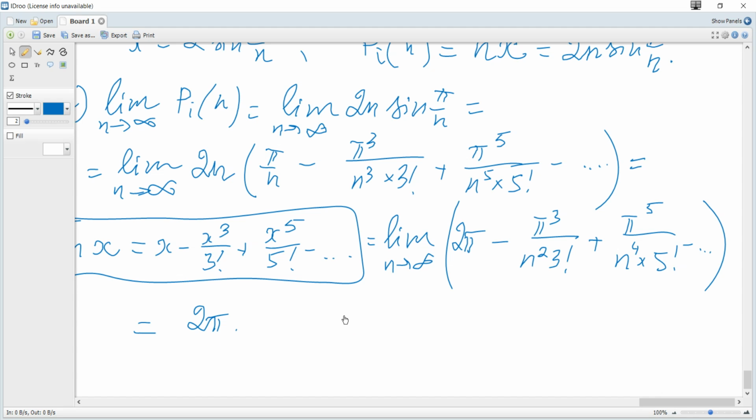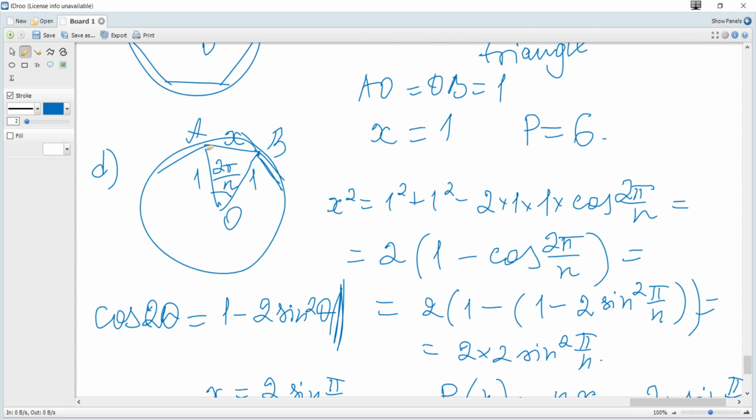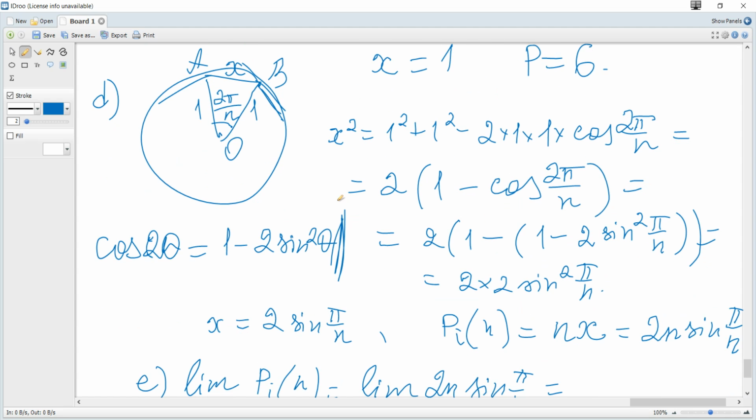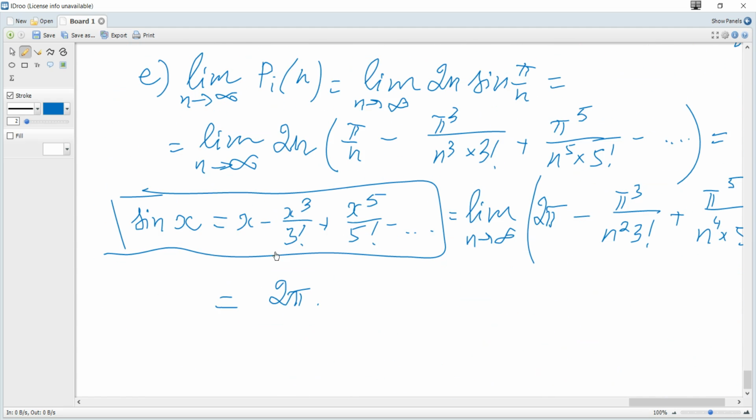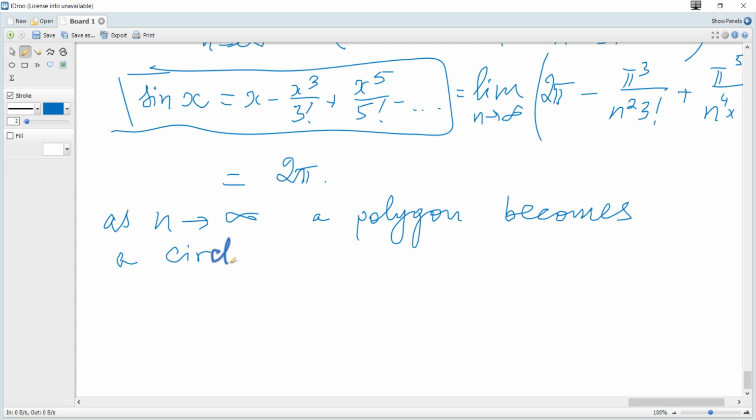And how to interpret this geometrically? So when n increases, this n-sided regular polygon just becomes a circle. So we can say, as n tends to infinity, the polygon becomes a circle.